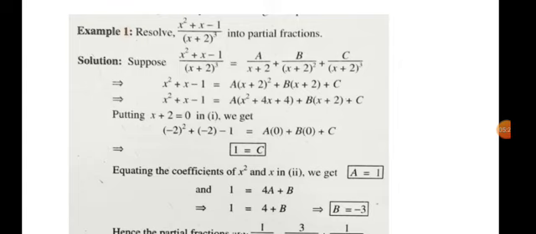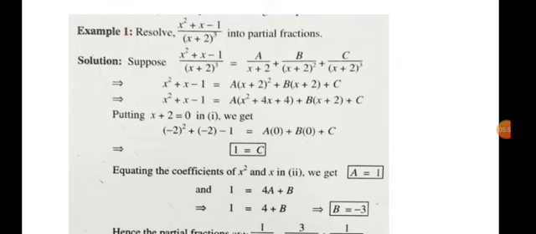So when I put minus 2 in place of x, I get minus 2 whole square plus minus 2 minus 1 is equal to a into 0. As in the second term there is x plus 2, it will be 0, and similarly b contains x plus 2, so it will also be 0, and plus c.